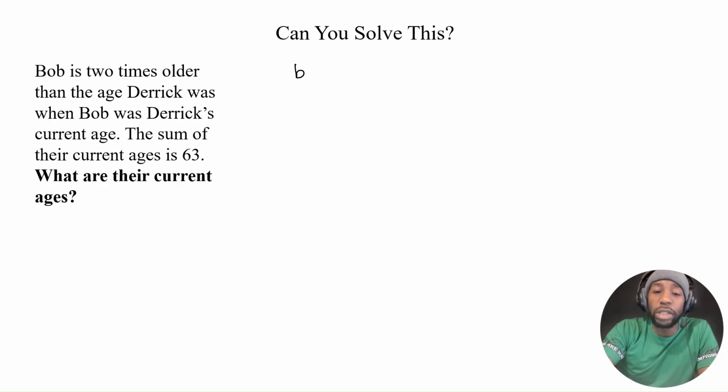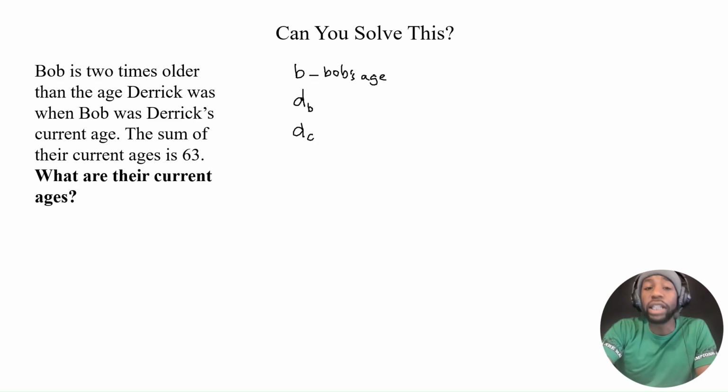B is going to stand for Bob's age. Now I'm going to write D_B and D_C. D is going to stand for Derek's age, but notice we have two different ages for Derek. We have whatever Derek's current age is, and that's why I call it D sub C. And then we have Derek's age before.